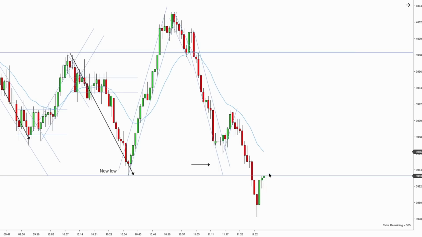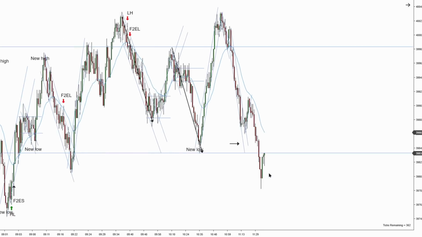But this time, once again, I'm going to zoom back. Notice another failed breakout at the bottom. Now, once you keep getting so many failed breakouts, you can widen the trading range a little bit because the price action is giving you more information on where the key level is going to reside.